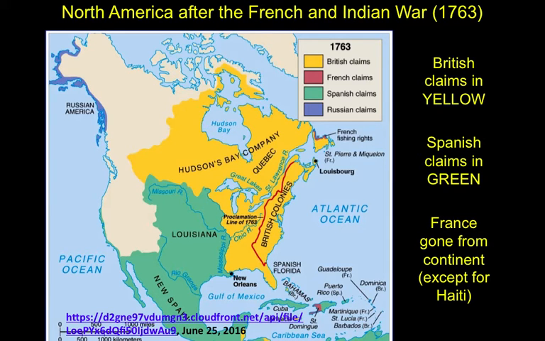Both European powers allied with different Indian tribes during the conflict. Britain received the land west of the Appalachian Mountains and east of the Mississippi, right here, in the 1763 Treaty of Paris that ended the war.